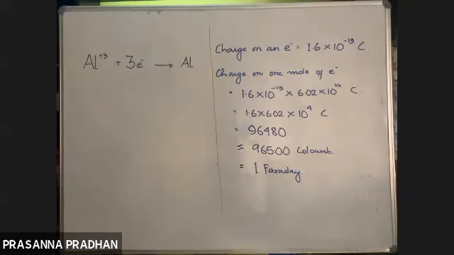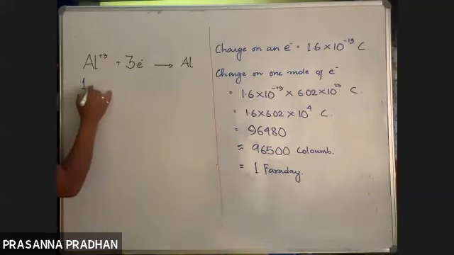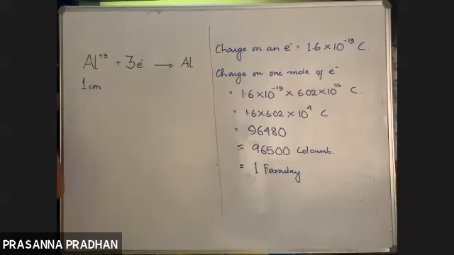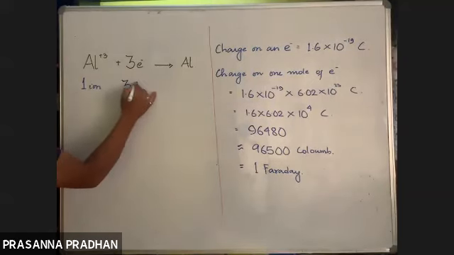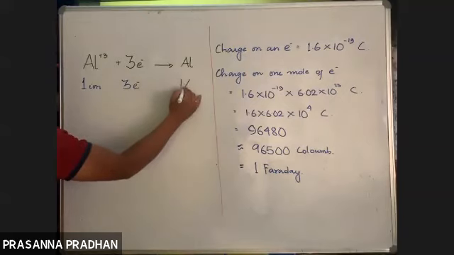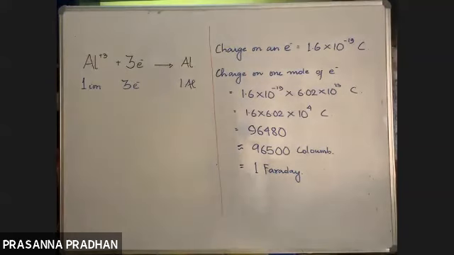Now, one aluminium ion requires how many electrons? It requires 3 electrons, and in the process, one aluminium atom is deposited.